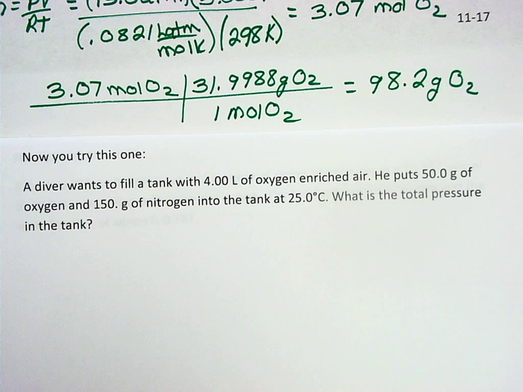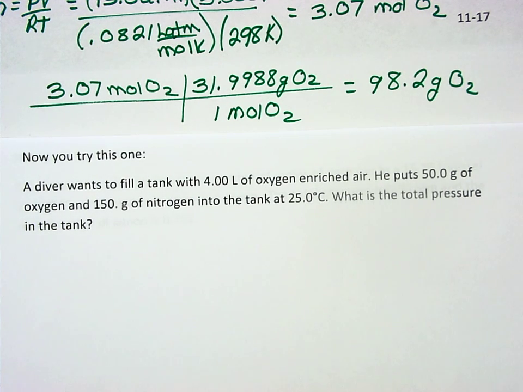So a diver wants to fill a tank with oxygen-enriched air. So he puts in 50 grams of oxygen and 150 grams of nitrogen, holds the tank at 25 degrees. What's the total pressure? Well, we're going to figure out the pressure of each one, and we can add them together. There are a couple of ways you can do this.